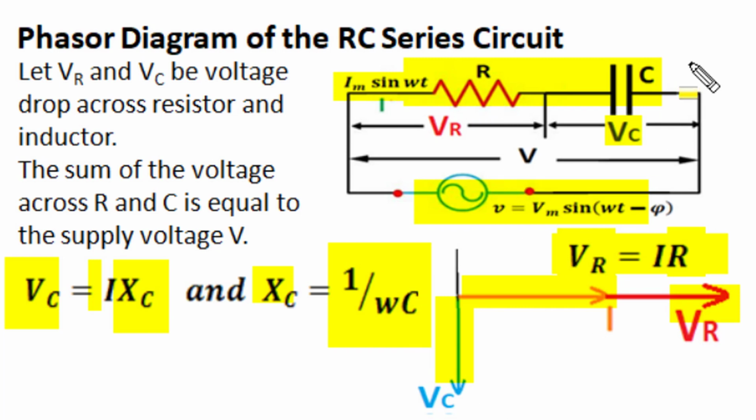So in an RC series circuit, voltage of resistance and voltage of capacitor have a 90 degree phase difference. Resistance voltage is in phase with current, and capacitor voltage lags circuit current by 90 degrees.